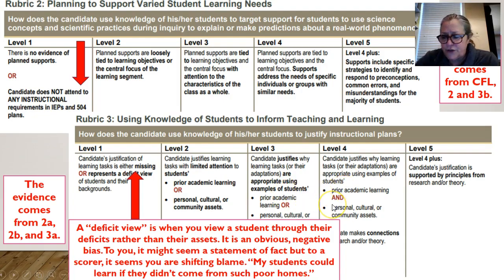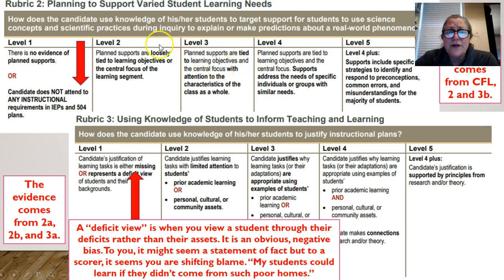You also want to make sure that your plan supports are tied to the learning objectives and that you have attention to the characteristics of the whole. This is all about plan supports tied to the learning objectives. That's really important because look at that, tied to learning objectives.